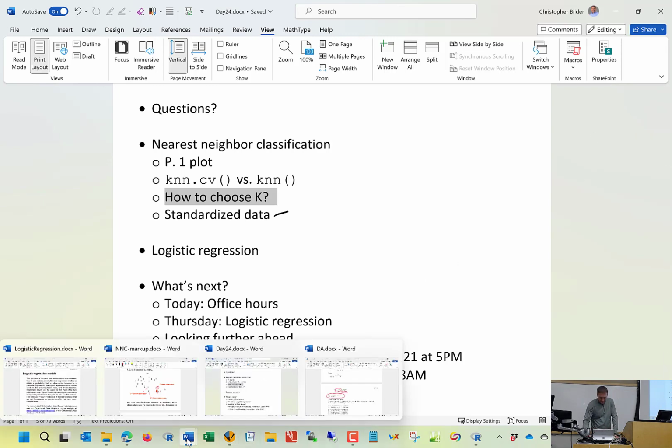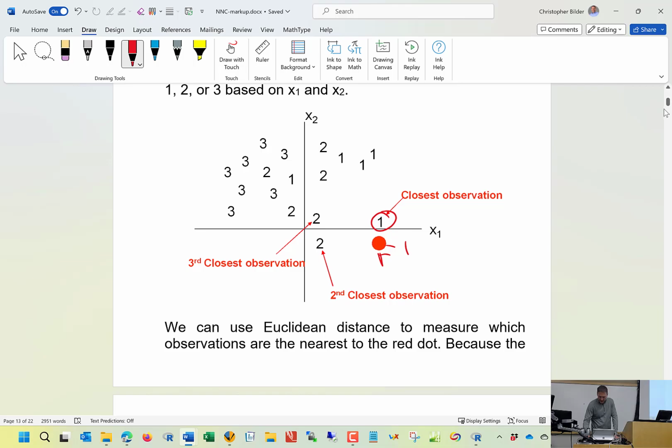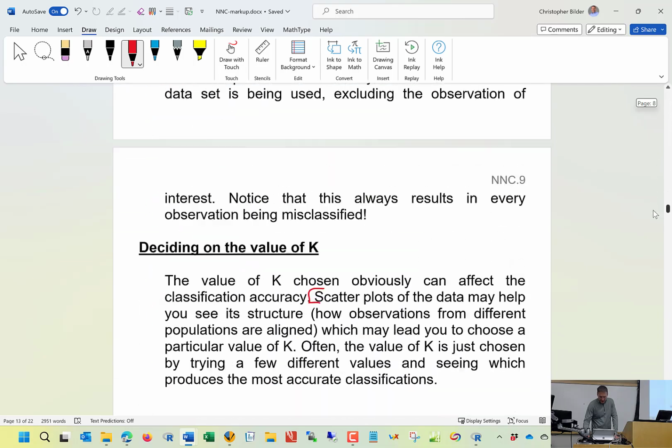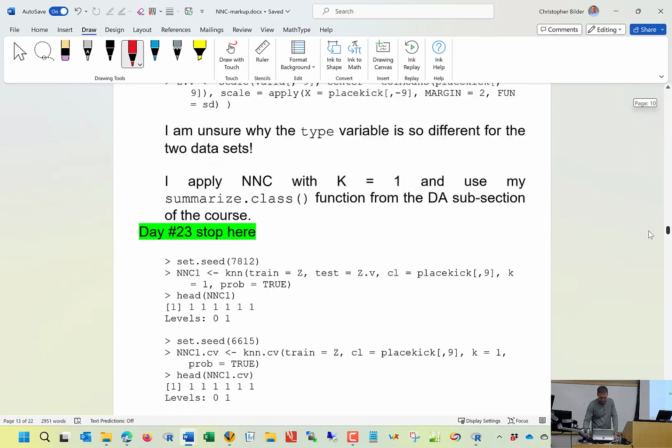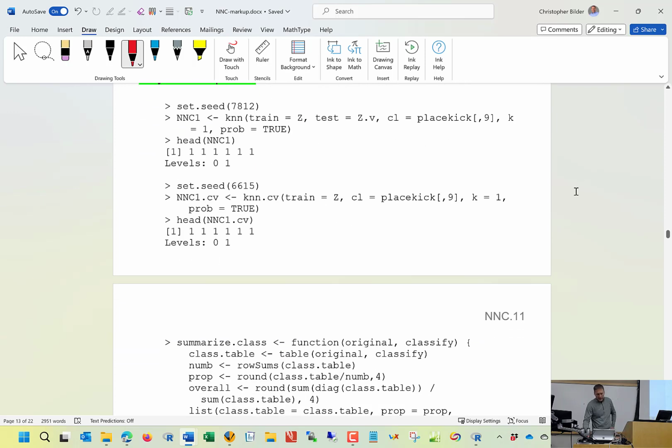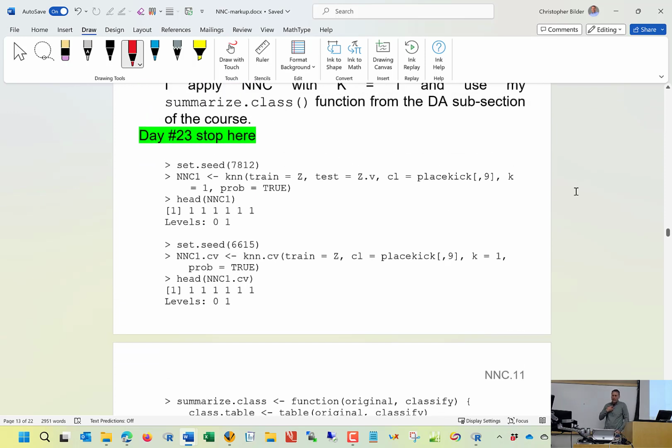Okay. So that takes us to where we left off then. We were talking about the place kicking example. What we'd like to be able to do is predict the two groupings here. 1 is a success, 0 is a failure.